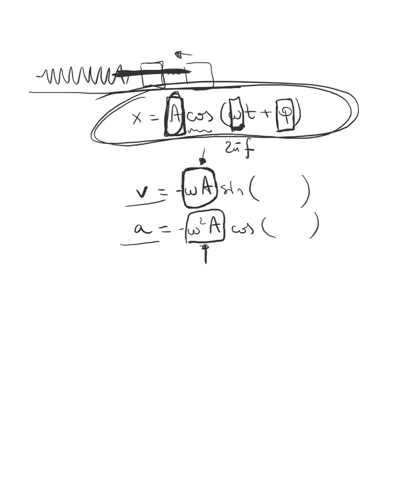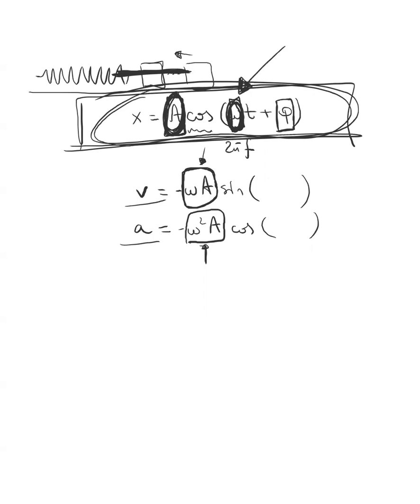This term over here will tell you how far you go away from equilibrium. And this term, omega in here, will tell you whether you have high frequency or low frequency. And the only thing that we need to do, since we are familiar with the meaning of this formula, is we have to understand what exactly controls the frequency.